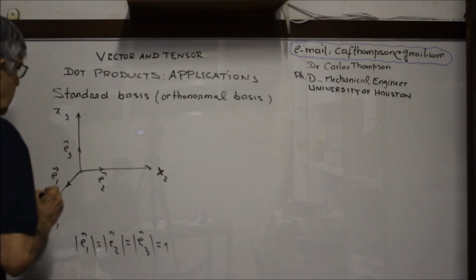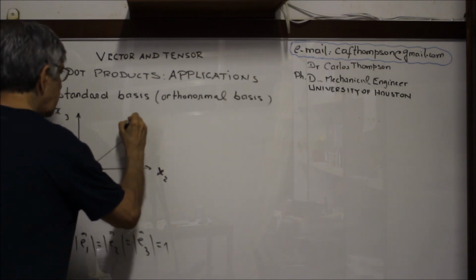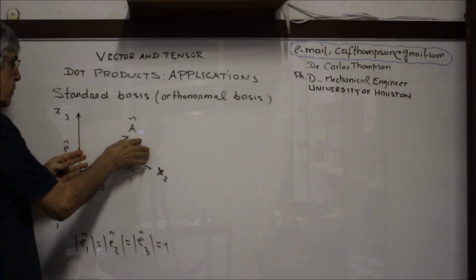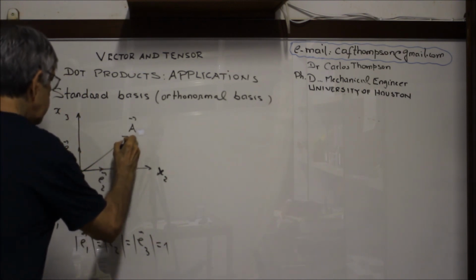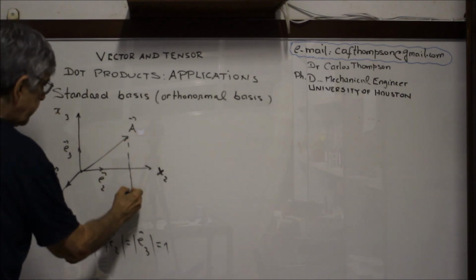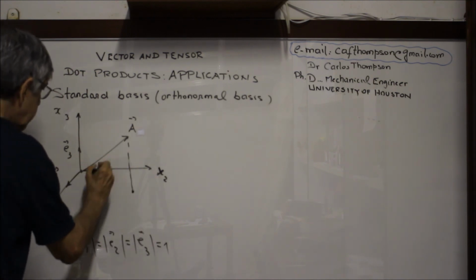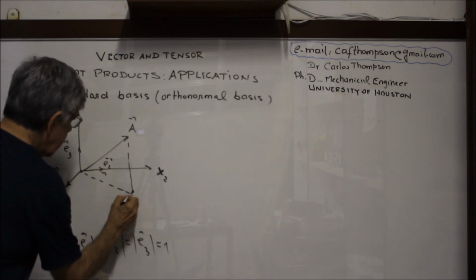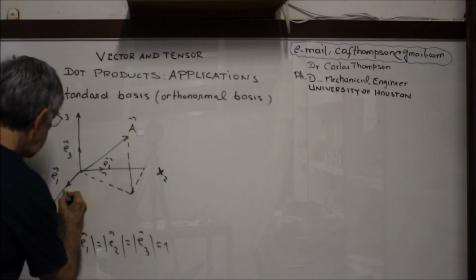Now consider one vector A over here. I'll break it down into 3 components. This is a projection of the vector A on this plane, x1 and x2. Right here, I put e2 here. Now, this I can break down on this and this.